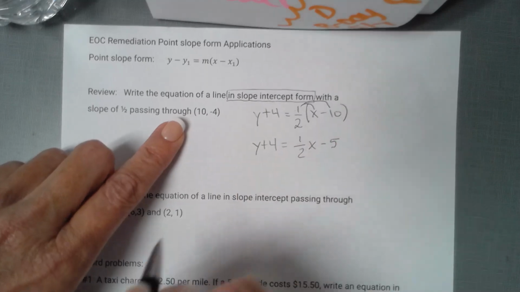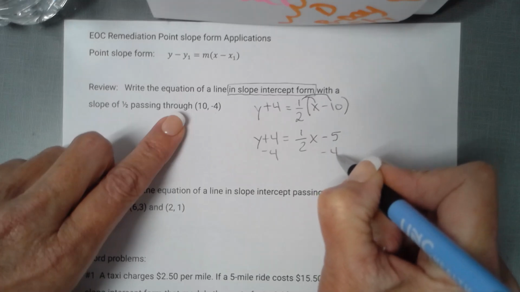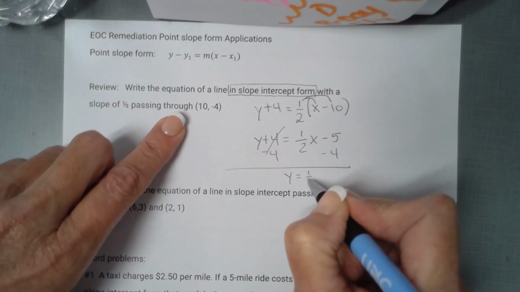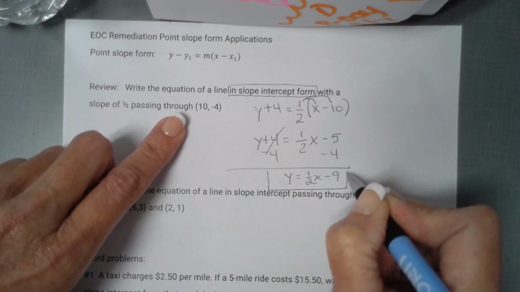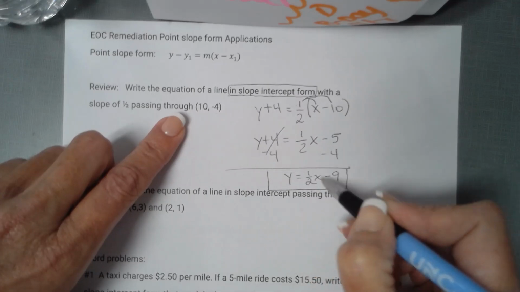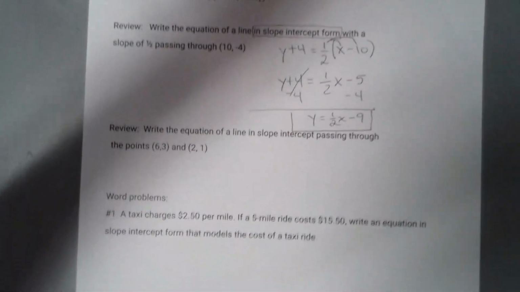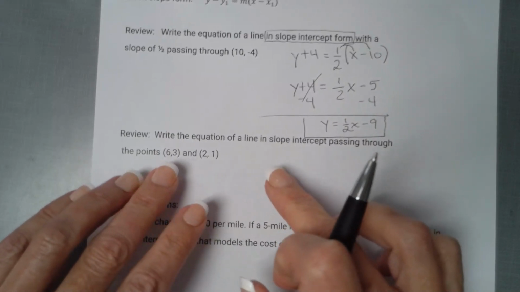And last step to simplify, we're going to subtract 4 on both sides. We get y equals 1/2 x minus 9. So now this form gives you the slope and the y-intercept. I think this is review, but I cannot remember how many of these we've done.